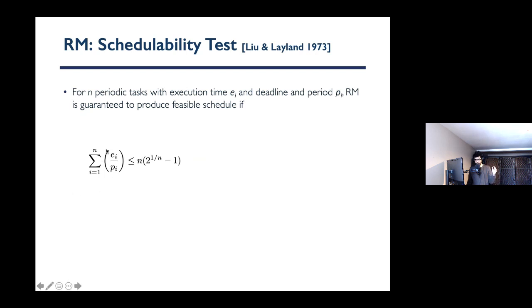If the total utilization is more than this number, then we don't know. Rate monotonic can or cannot, or might not produce a feasible schedule. We don't know. But if it is less, then we absolutely know that rate monotonic will produce a feasible schedule.